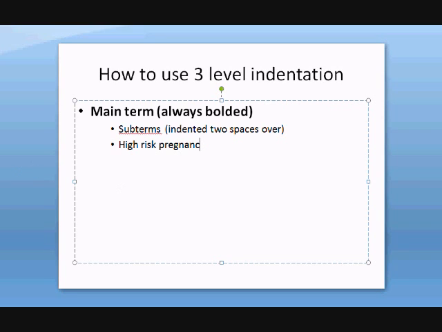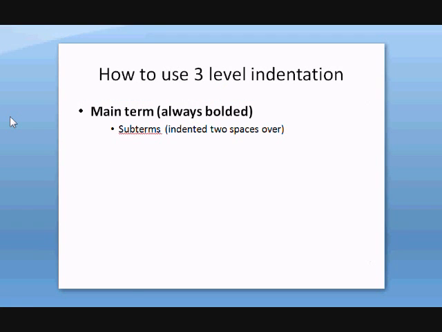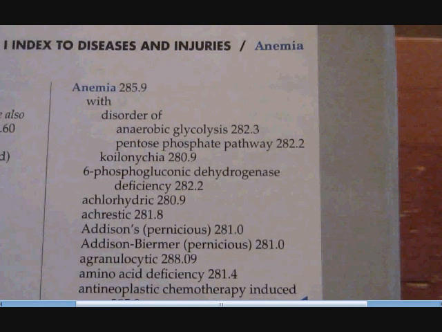So let me actually show you the actual book, so we can go through an actual book and see how that will look. All right, so what we're looking at here is anemia.